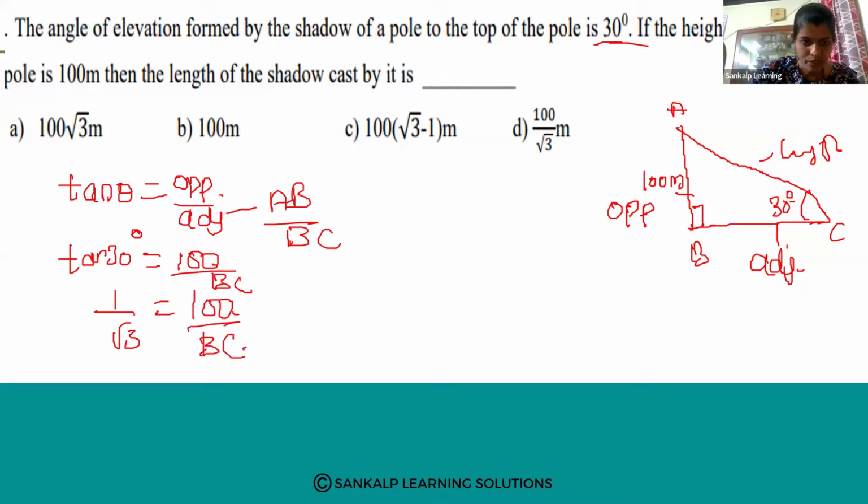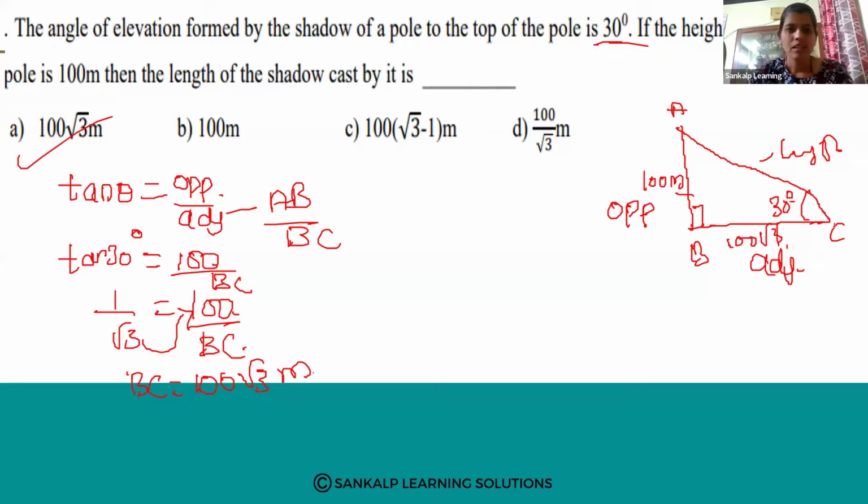So BC, transfer this BC to this side, root 3 to this side, you will get BC is equal to 100 root 3 meter. This is the answer. So 100 root 3, option A is right.